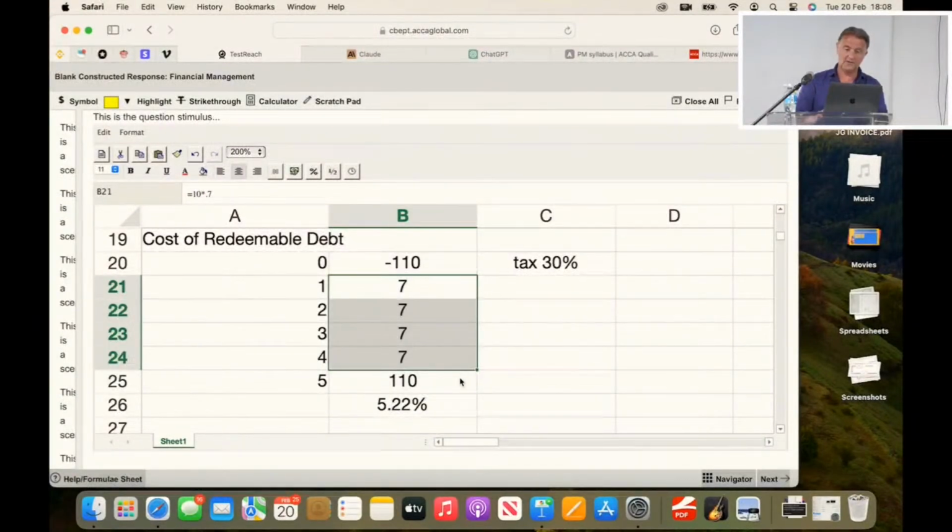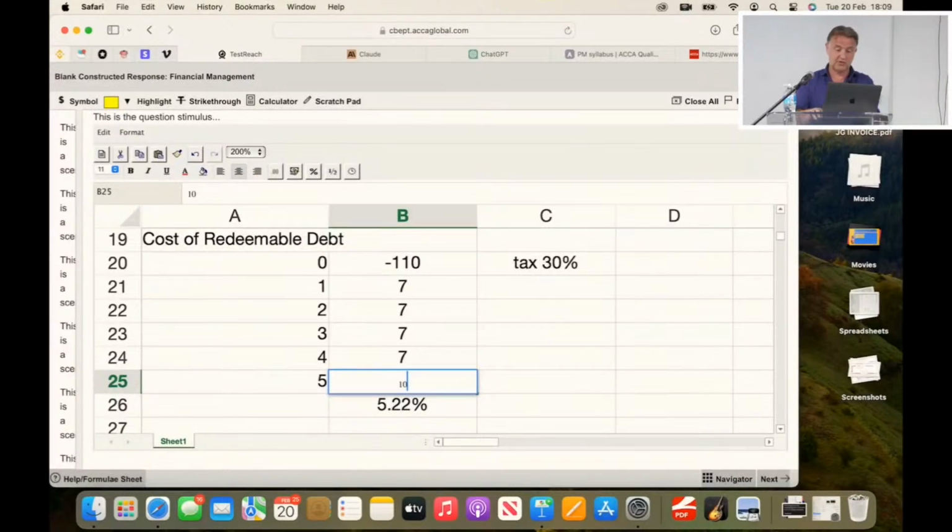What would the final year be? 107. The 100 you have to pay back plus your interest of 7, and your cost of redeemable debt would be 4.71%. Okay, I wasn't going to do that tonight, but we're getting on well.